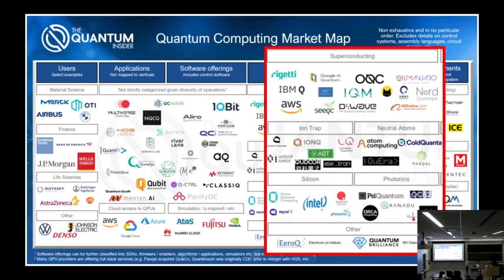So D-Wave, for example, IBM Quantum, Rigetti, Amazon. There's ion trap quantum computers. IonQ, for example, has said, we believe this is the way. Neutral atoms, people like QuEra and Quanta.